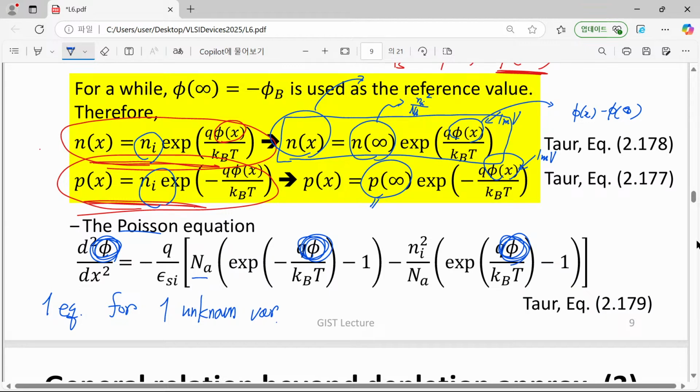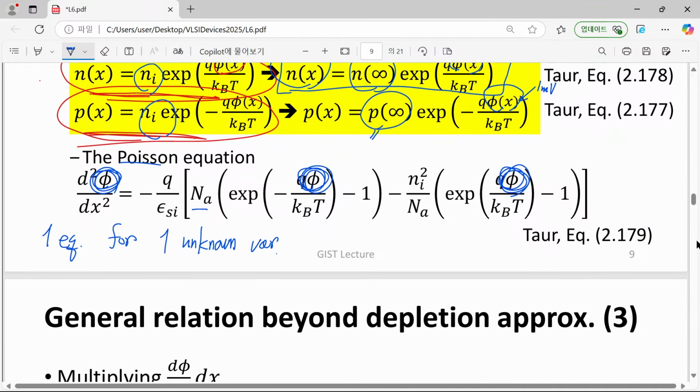Even in my opinion, if you take the basic idea about the Poisson equation and electron and hole densities inside the semiconductor, you can derive this equation. Up to now, everything is quite straightforward, but the next step is the key idea to really make our derivation simplified. So please have a look at this key idea.